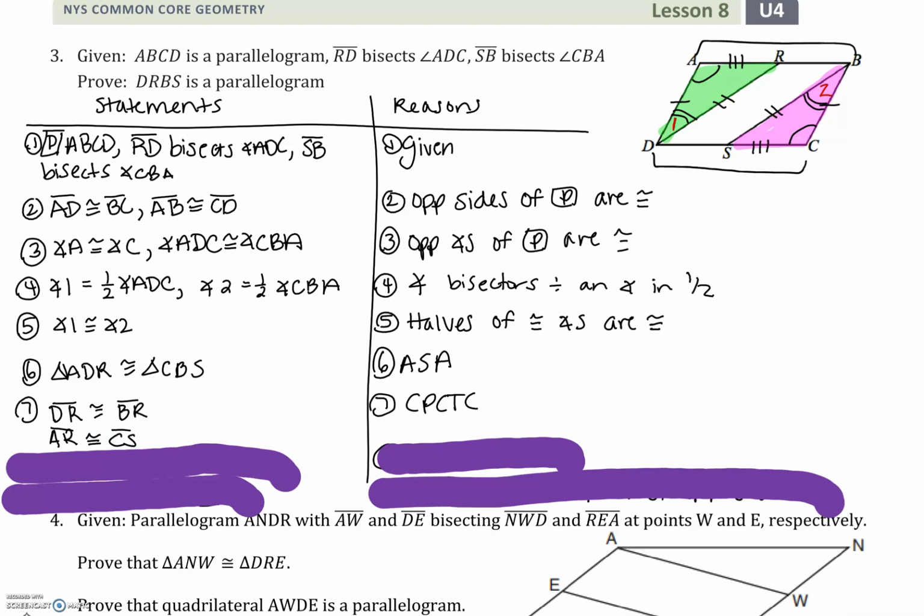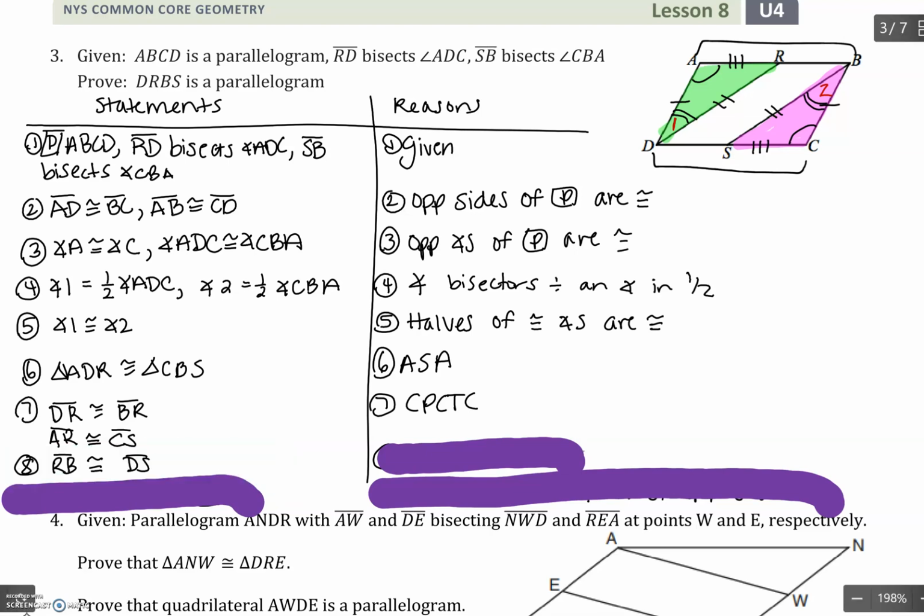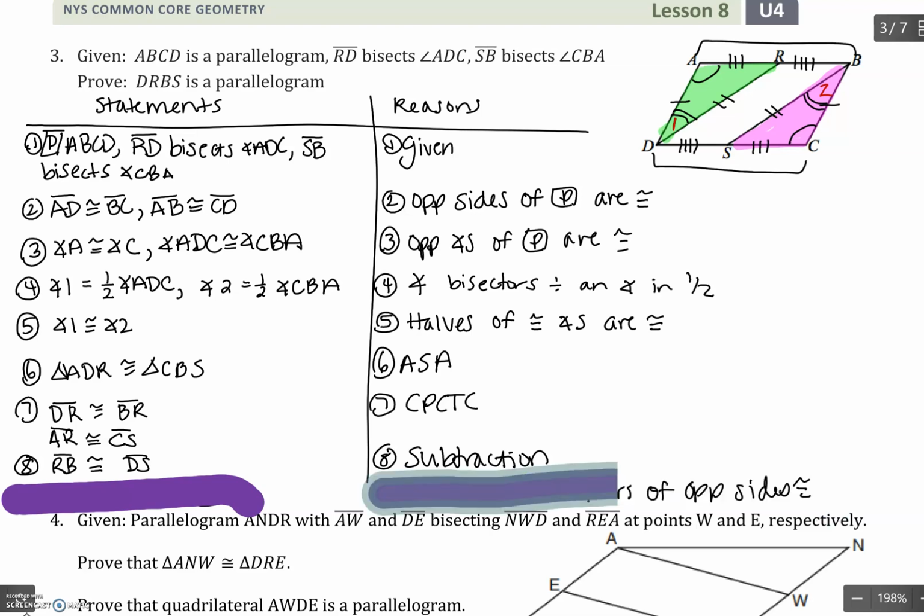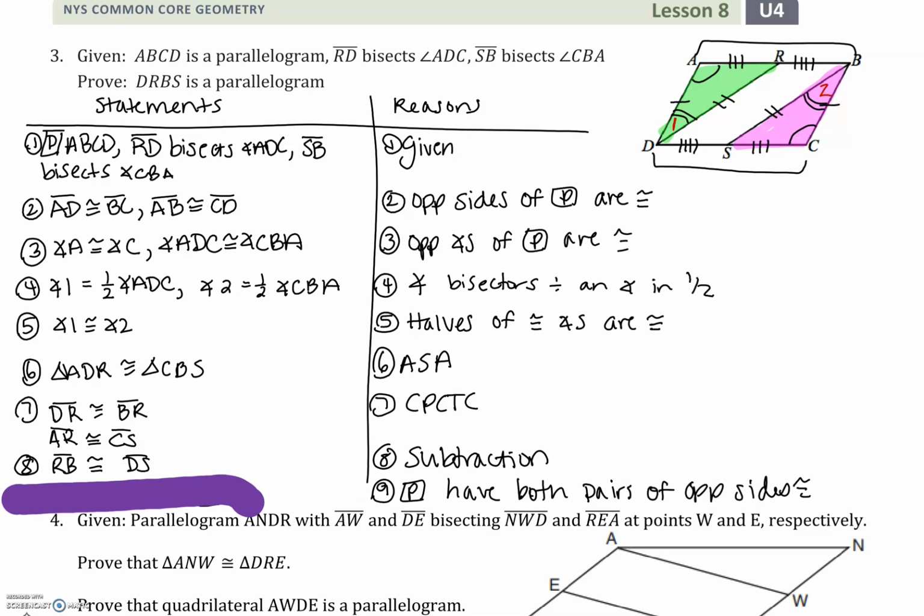Then if I do subtraction and take AB and subtract away AR, what I'll be left with is RB. And on the bottom, taking CD minus CS, I'd be left with DS. And now both pairs of opposite sides are congruent for DRBS, so it has to be a parallelogram. Okay, so both pairs of opposite sides congruent is another way to prove that something is a parallelogram.